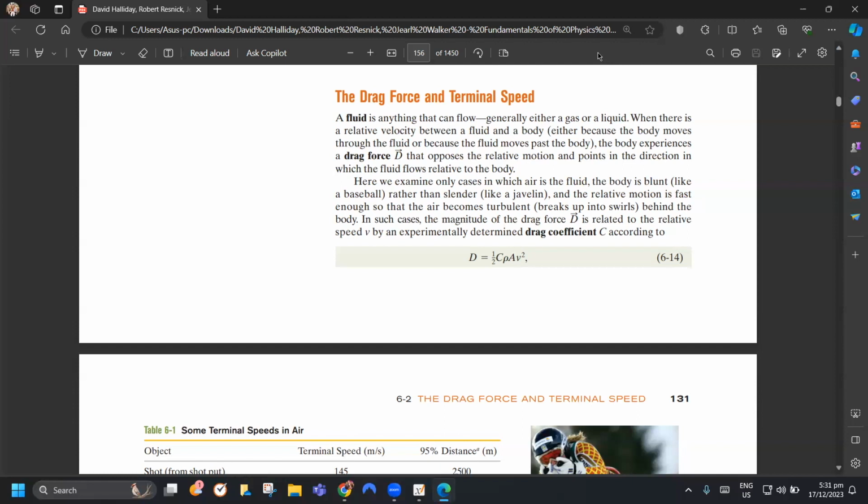In such cases, the magnitude of the drag force is related to the relative speed by an experimentally determined drag coefficient C. According to the equation, the drag force is 1/2 C rho A V squared, where rho is the density of the fluid, A is the cross-sectional area of the body, and V is the relative speed of the body with respect to the fluid.